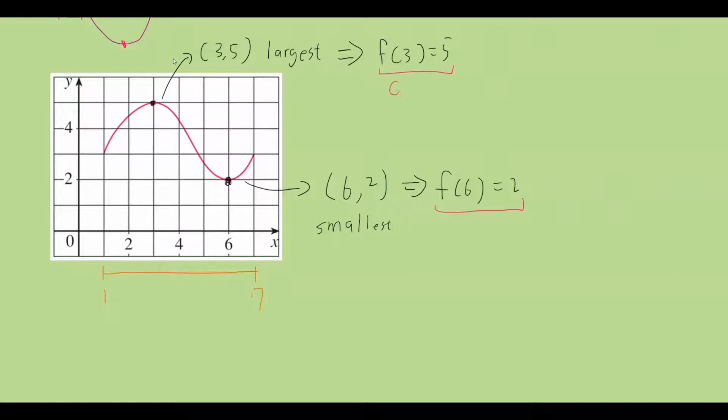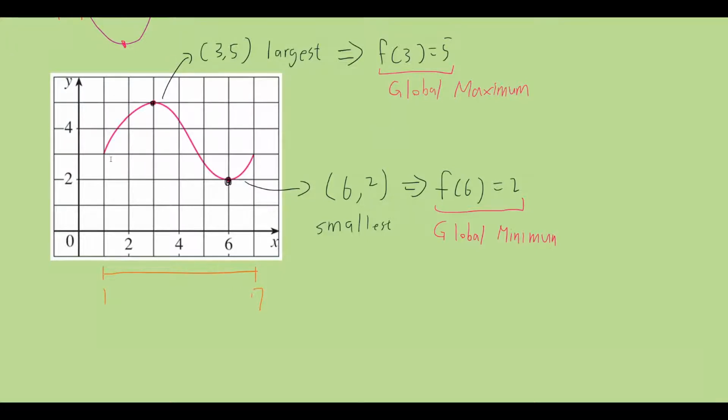We can call that the global maximum, because it has the maximum value on this graph. Similarly, f of 6 equal to 2, the value of 2, holds the name global minimum, again because it's the smallest value on this graph.